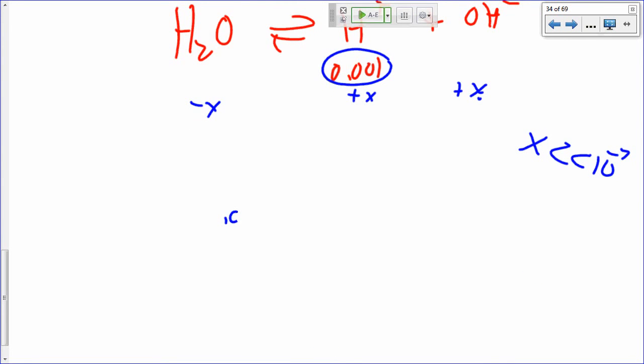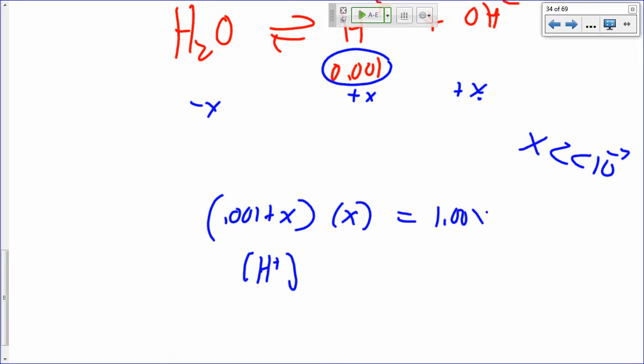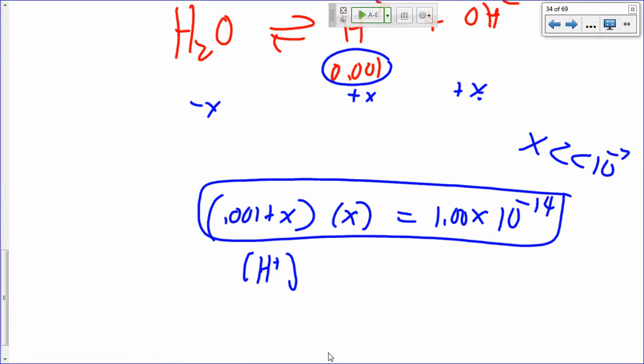Well, you can find out. You can say, 0.001 plus X, that's my H plus, and my hydroxide is X. That would be 1.00 times 10 to the negative 14. And if you solve for X there, you'll find that X is even lower than 10 to the negative 7. So once you put acids and bases in water that significantly increase the H plus or the hydroxide, you can pretty much ignore the contribution of the autoionization.